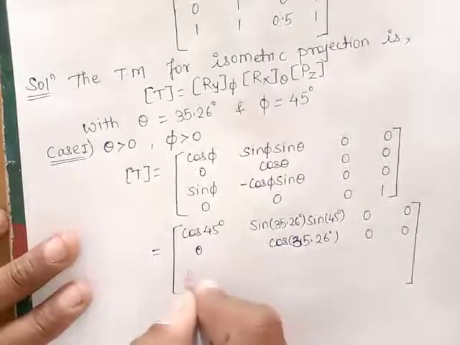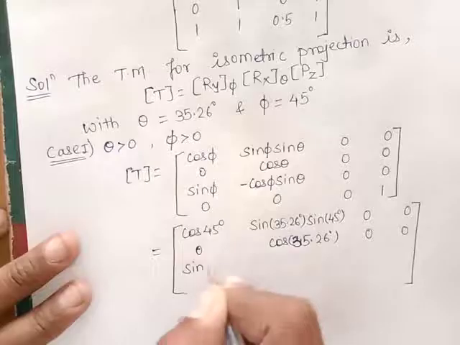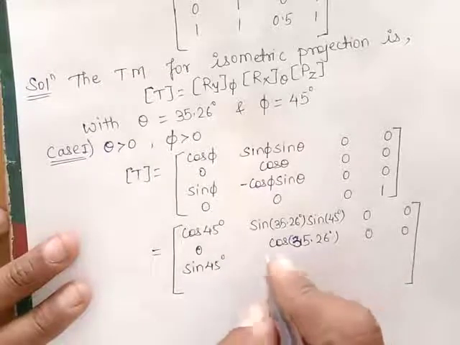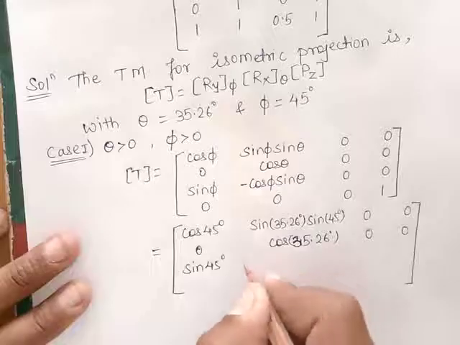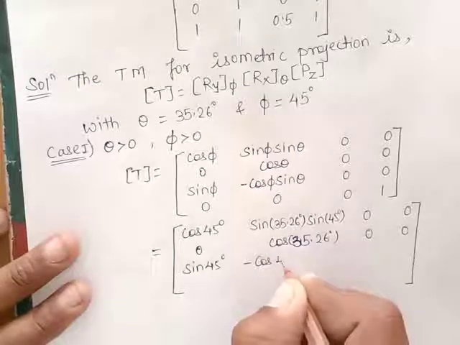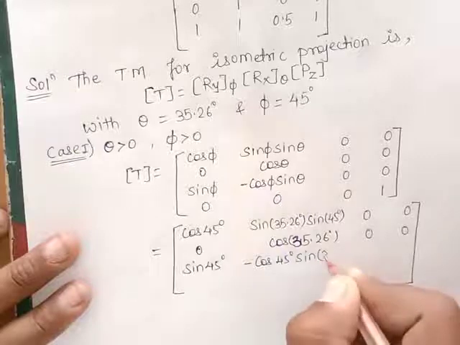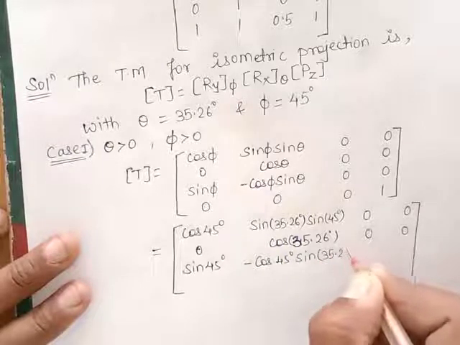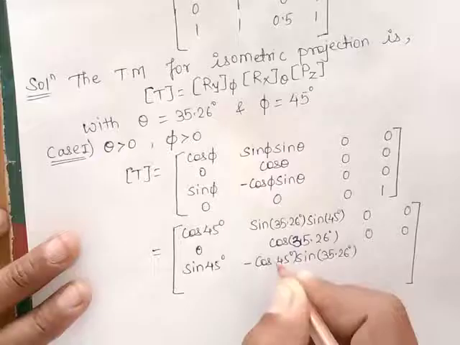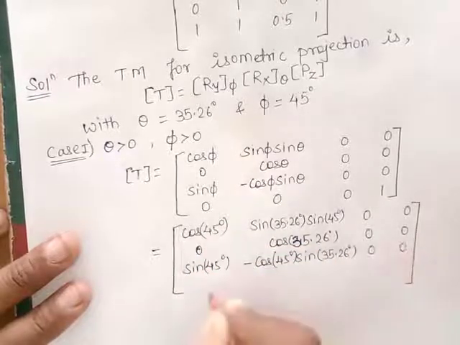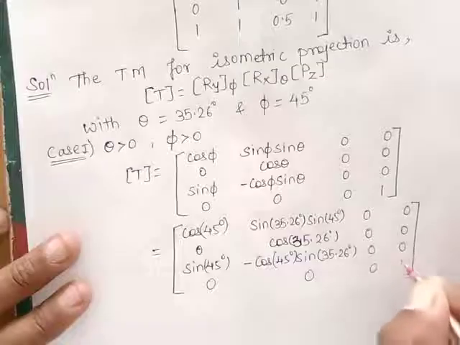Next, sin of 45 degree, here minus cos of 45 degree into sin of 35.26 degree, this one, 0 0 0 0 0 1.